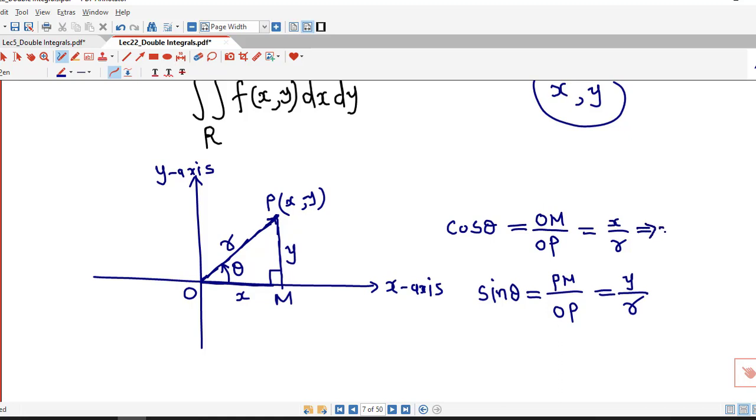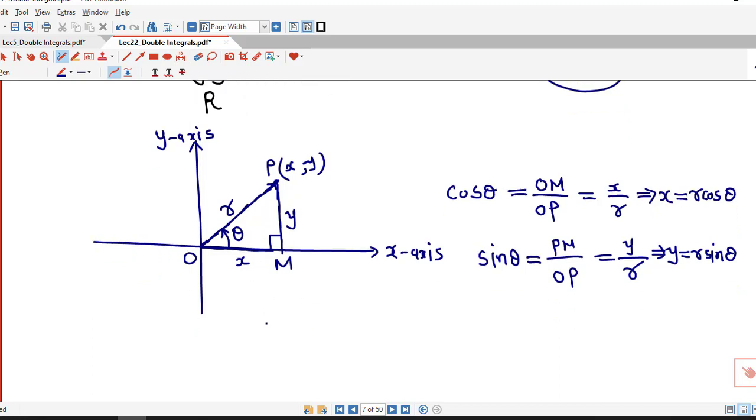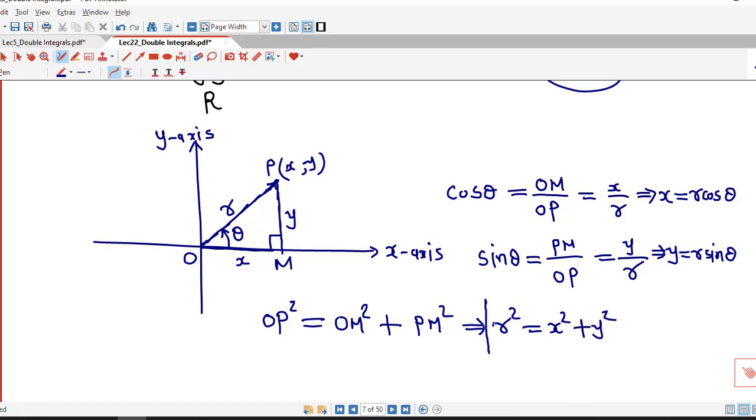So from this we obtain x equal to r cos theta and y equal to r sin theta. And because this is a right angle triangle, using Pythagoras theorem we have square of OP equal to square of OM plus square of PM. So this gives us r square equal to x square plus y square.